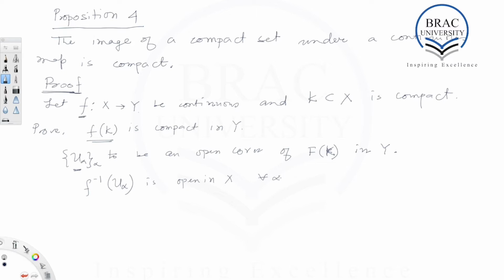Moreover, by the way, when we say that this is an open cover of f(K) in Y, it means that f(K) is contained in the union of all these open sets.